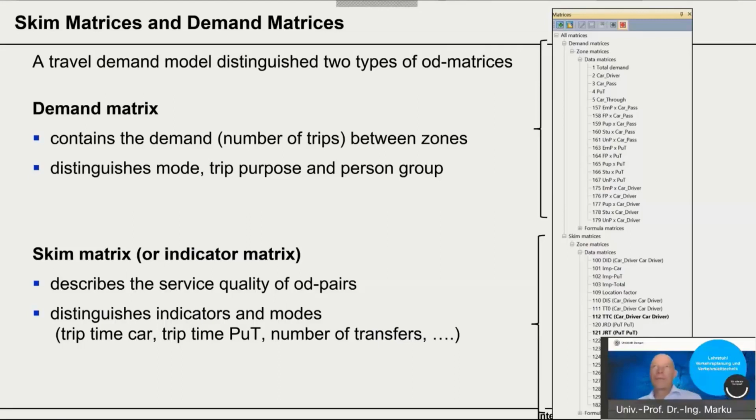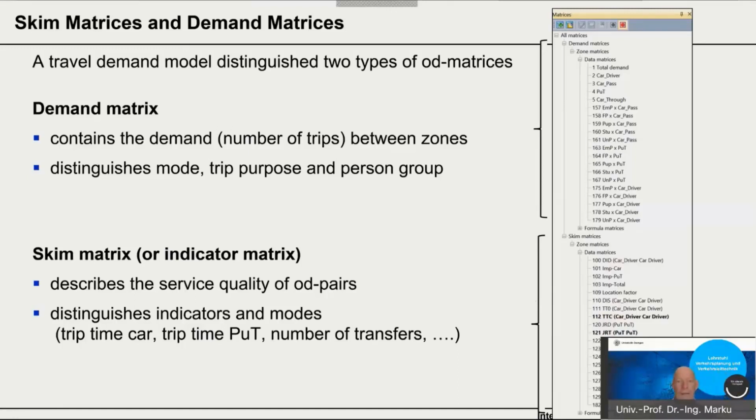And this is why the Americans call it skim matrix. We skim the information to a matrix. I would probably call it an indicator matrix. So we have a matrix which contains information on, for example, the direct distance between two places, or the journey time, or the travel time congested for a car driver. So this information is computed.